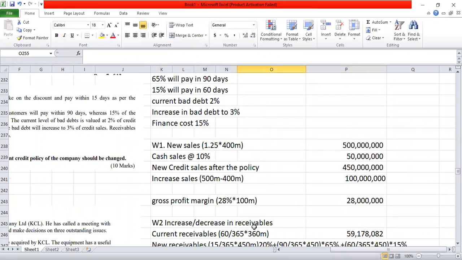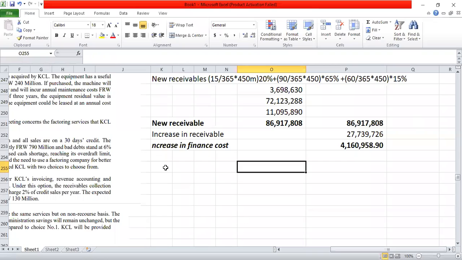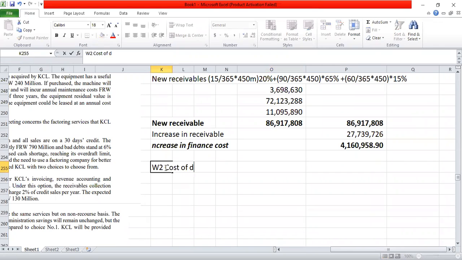So what is remaining now is the cost of discount. It's going to be my working for cost of discount.